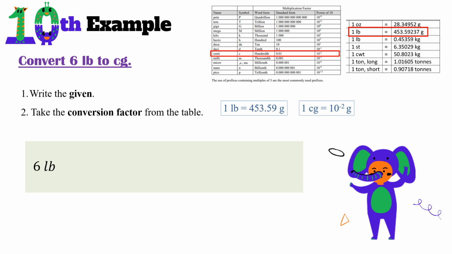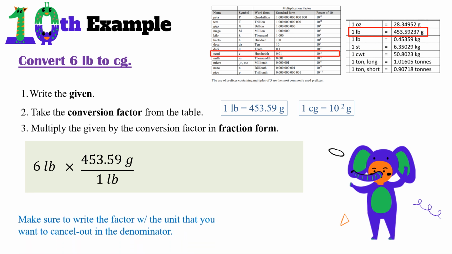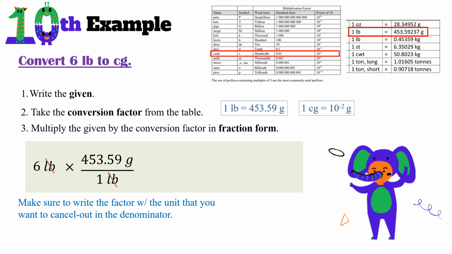Now multiply the given by the conversion factor in fraction form. So the first conversion factor that we are going to use is 1 pound equal to 453.59 grams. In this case, your pound will be in the denominator and your gram is the numerator. So pound will cancel out. You will be left with gram.